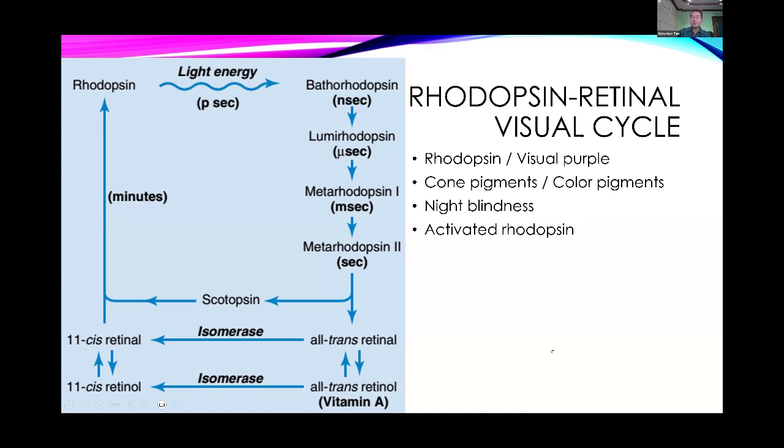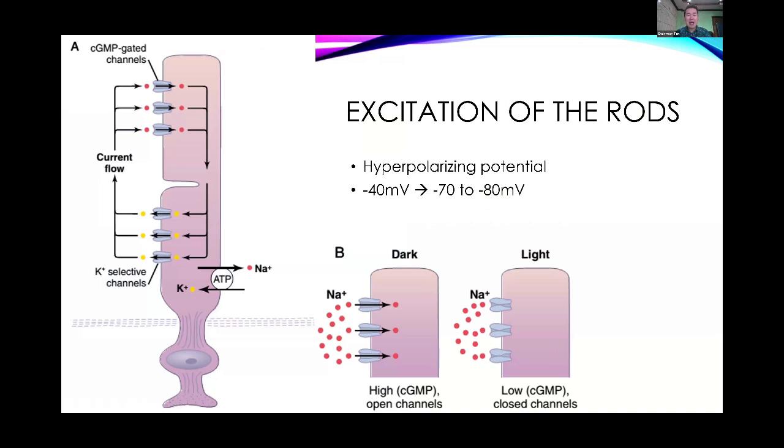Do you follow? Yes. Now, excitation of the rod is said to be a hyperpolarizing change. If you remember the basics in physiology, when there is a stimulation, there is depolarization. There's a depolarizing change. But excitation of the rods, even the cones actually, is said to be hyperpolarizing.